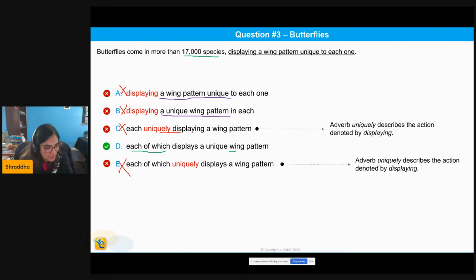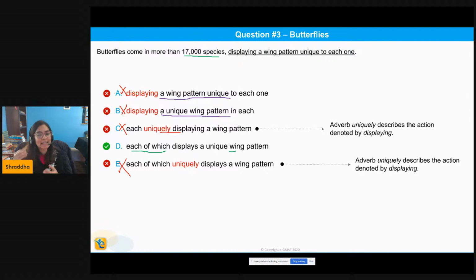Does that make sense? In C and E, is it implying all the 17,000 species have the same wing pattern? Yes, Jaideep. It is saying that they have a wing pattern, but they display it uniquely. Maybe it is not saying that they all have the same wing pattern, but it definitely is not saying that they have a unique wing pattern.